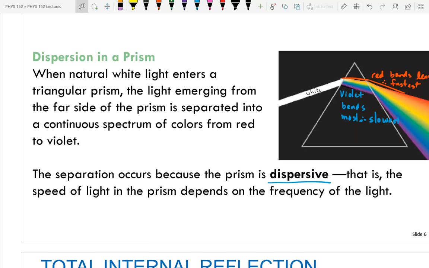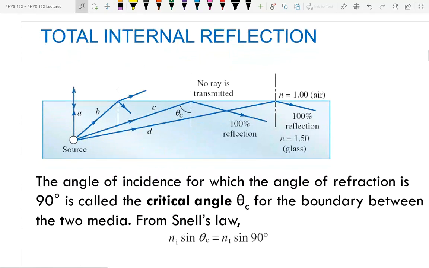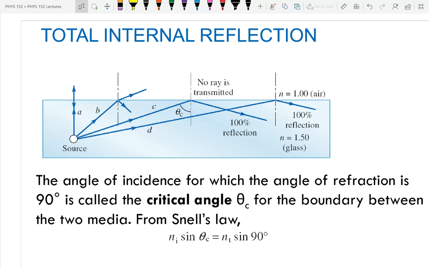But first I have to talk about total internal reflection. We had a rule that said if you go into a slower medium, the light refracts toward the normal. If you go into a faster medium, the light refracts away from the normal. And that was governed by Snell's Law.